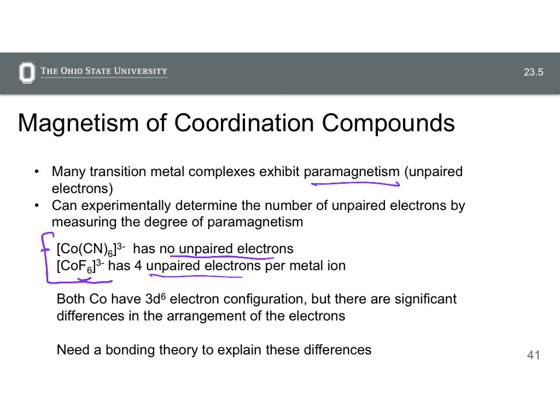Both of these cobalt metal centers have the argon 3d6 electron configuration. Okay, so there's 6 d electrons, but there will be significant differences in the arrangement of these electrons, because in the cobalt cyano complex all are paired, but there are 4 unpaired on the fluoro compound.